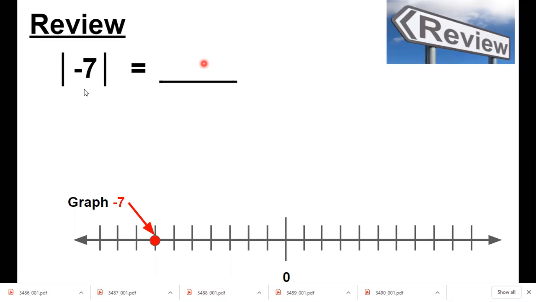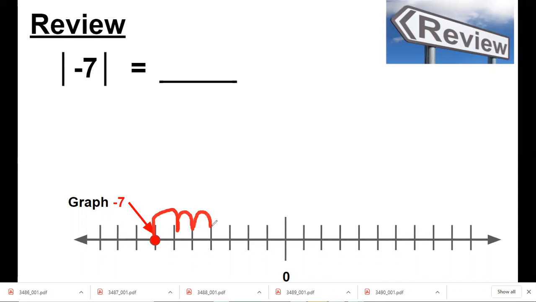So I'm going to plot -7, the absolute value of -7, there on the number line, and I know that absolute value is a distance from 0. So how far is -7 from 0? 1, 2, 3, 4, 5, 6, 7.